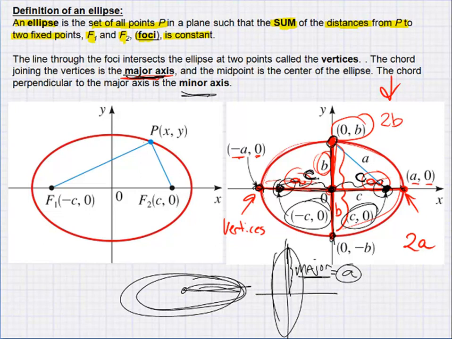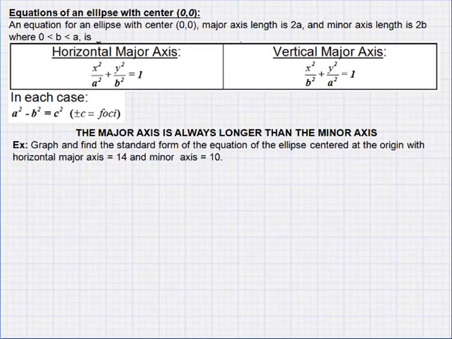So then we look at our formulas. So this is the formula for an ellipse centered at the origin. You can have a horizontal major axis or a vertical major axis, and the key is, where is A squared located? Okay? If I have a horizontal major axis, the horizontal distance is bigger. A is always the bigger value.